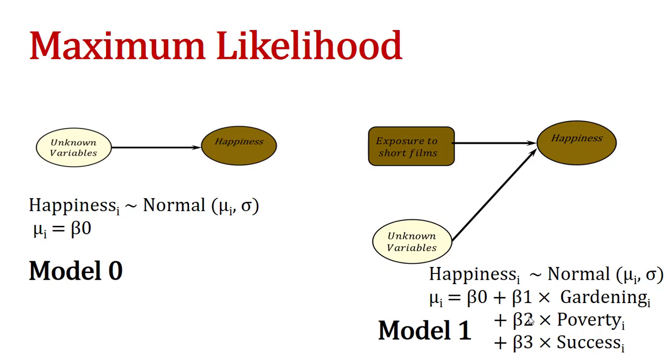Beta 2 is how much more happiness you expect when you're exposed to poverty in comparison to cooking. And beta 3 is how much more happiness you expect when you're exposed to success in comparison to cooking. So we have to estimate these parameters to come up with mu's that are as close as possible to the actual values of happiness, so the likelihood in this normal distribution of each value of happiness is higher.